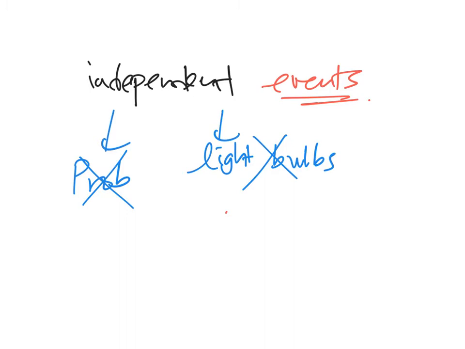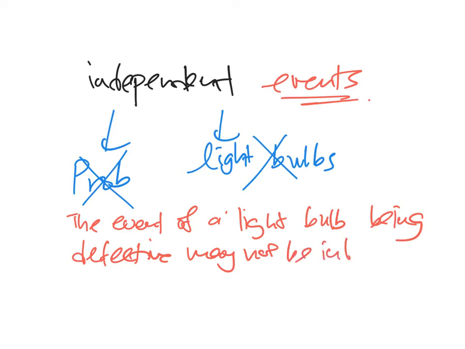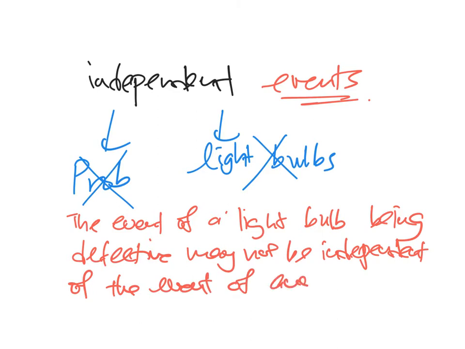For this question, we can say that the event of a light bulb being defective may not be independent of the event of another light bulb being defective.